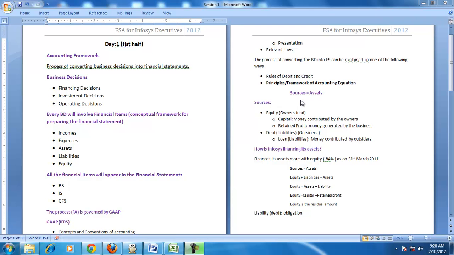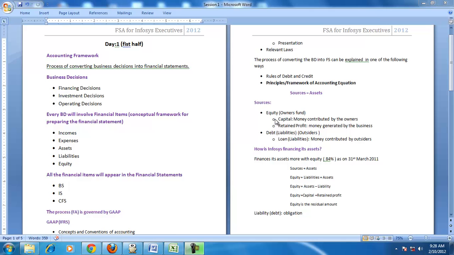We had a question in our mind: what are the various sources a company can use to finance its assets? And we have seen that the assets can be financed by either capital, which is the share money contributed by the shareholder, or the profit, which is money generated by the business, or the outsider's money, which is the money contributed by the outsider.